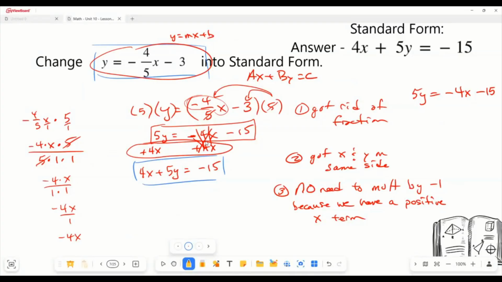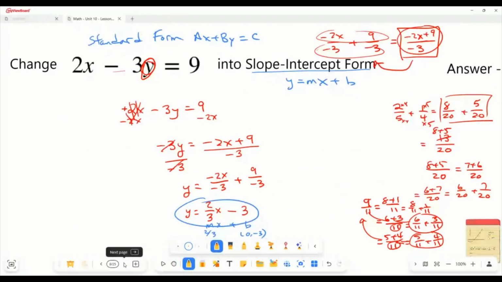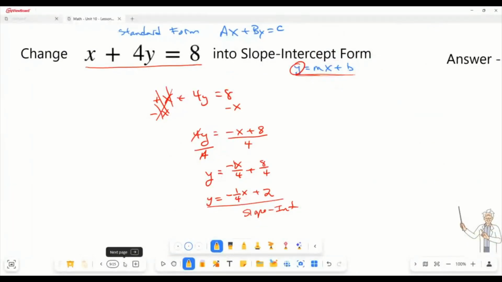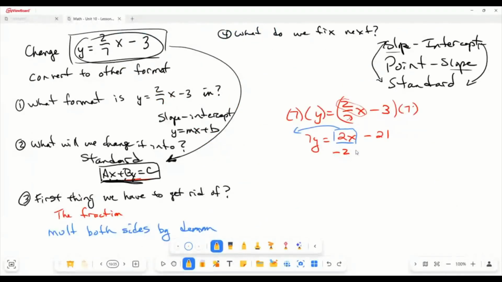Right, we added 4x because I need to cross this out. So we're adding, no, careful. I'm not adding 2x because this is positive. That gives me 4x.